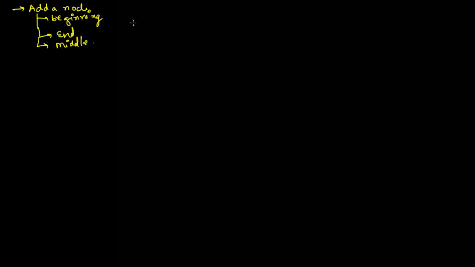So let us suppose we are having this linked list. This is a doubly linked list. The data which is stored here is A, B, C and D, correct?